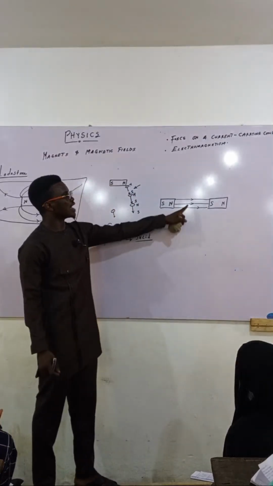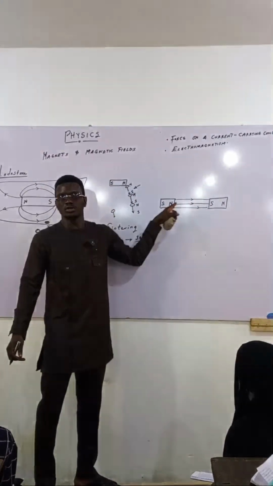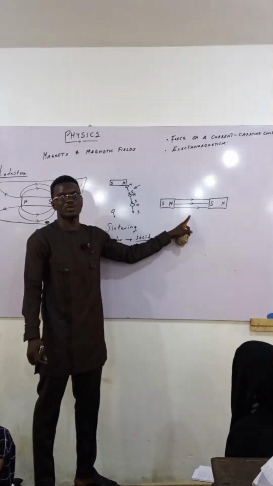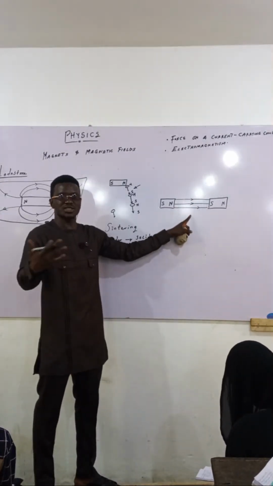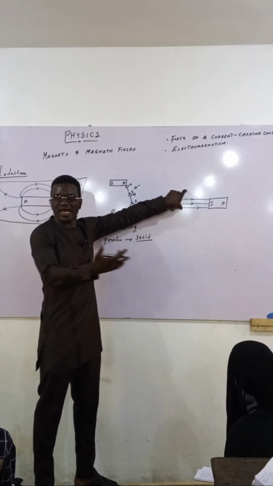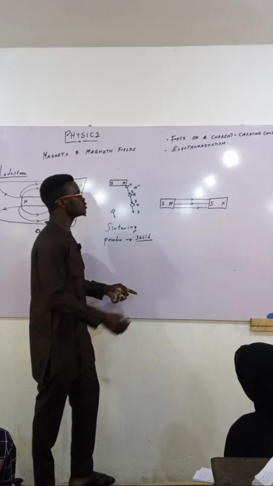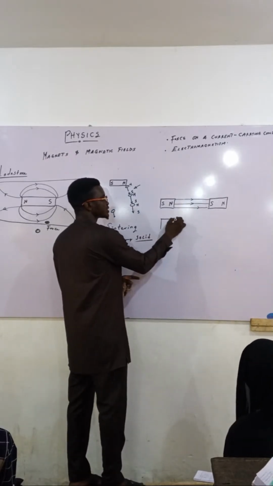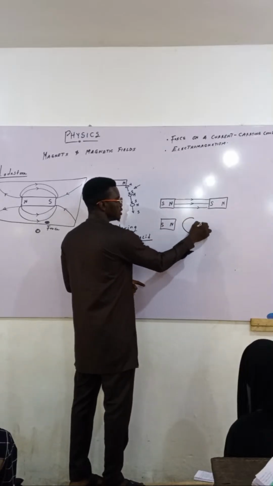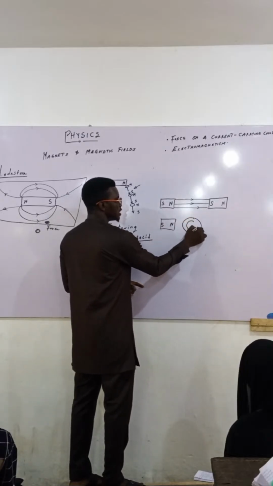But let's say I do not want these fields to run the way it is. I can shield this environment, from the word magnetic shielding. So I want to shield it from the magnetic field lines. So now what do I do? I will put a soft iron ring in between them, something like this.